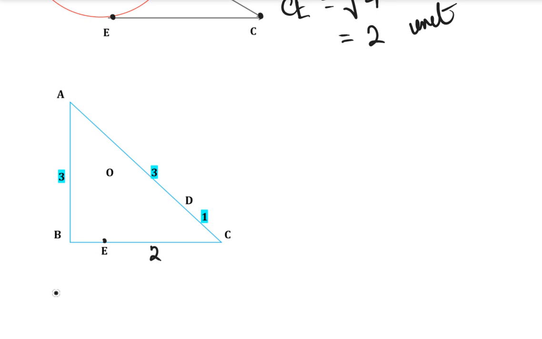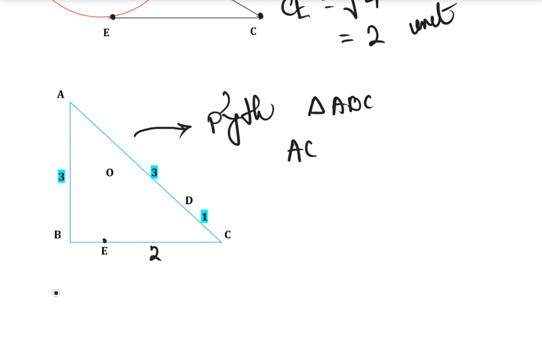Now what we have to do is apply the Pythagoras theorem for triangle ABC. Indeed, the hypotenuse AC square is equal to AB square plus BC square. We have to determine the value of BC.